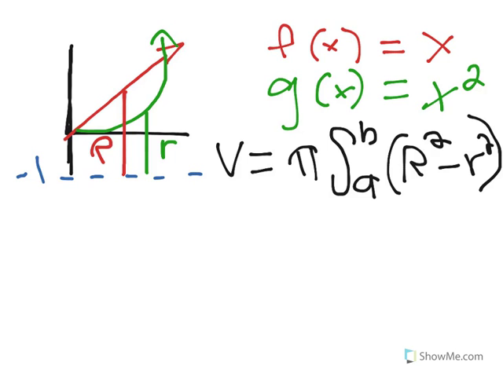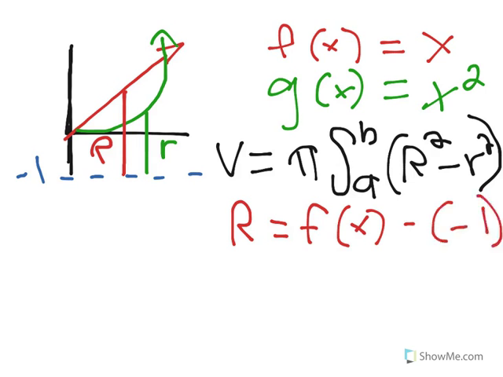And now what we have here is big R, as we know, is f of x. But how do you incorporate that -1, the axis of rotation, into these r's? What we have here is r equals f of x minus the distance of the axis of rotation, in this case, -1. So I want to fill this out right here.